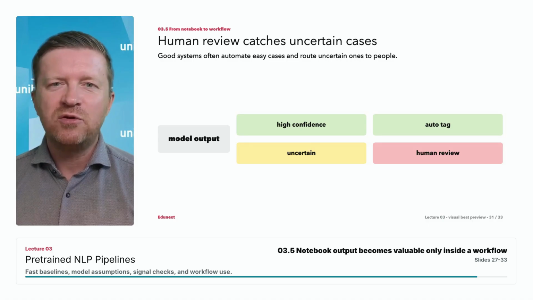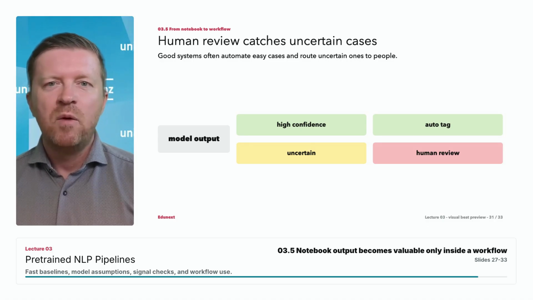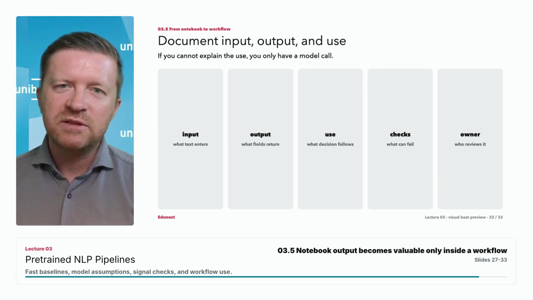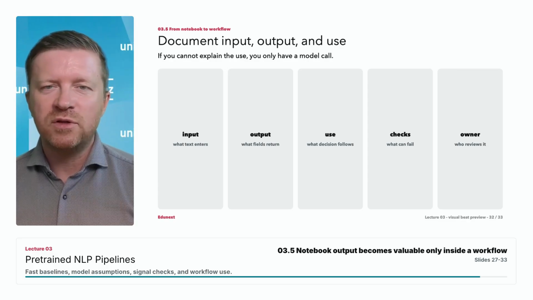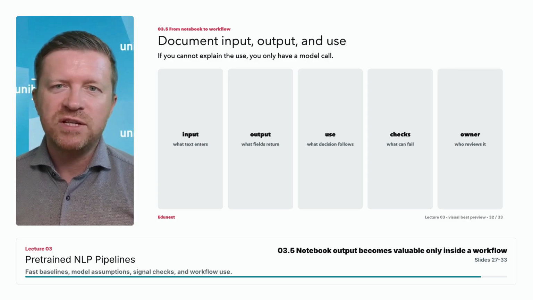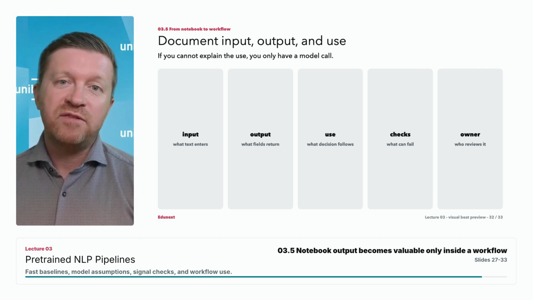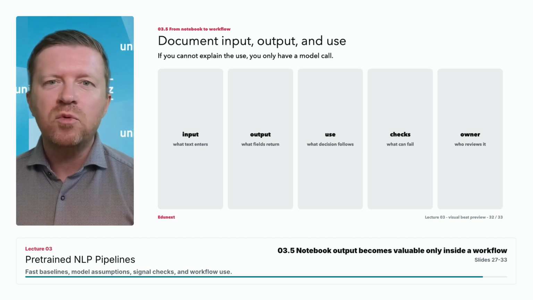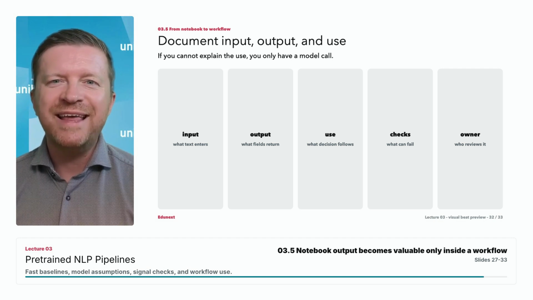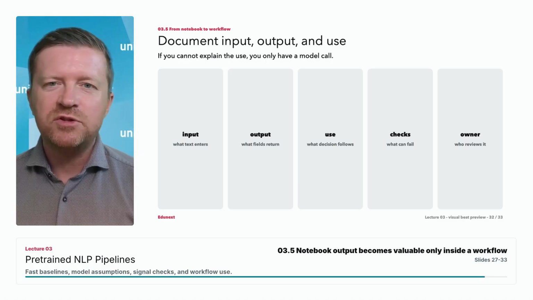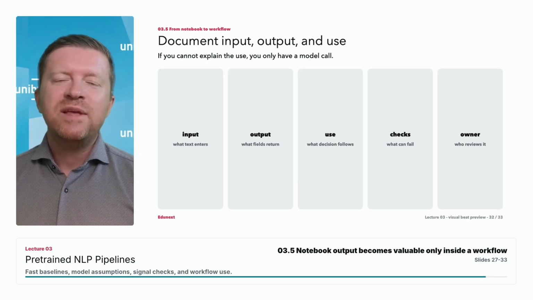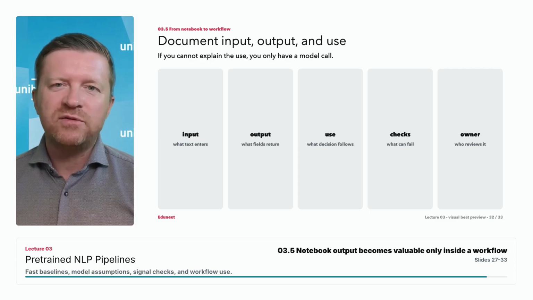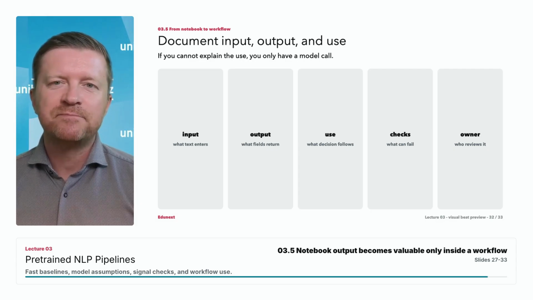The right threshold depends on the cost of mistakes. Some predictions should go to humans. This is especially true when the model is uncertain, when the action is expensive, or when the content affects people directly. A good workflow may automatically tag easy cases and send uncertain cases to review. This is not a weakness, it is often the responsible design.